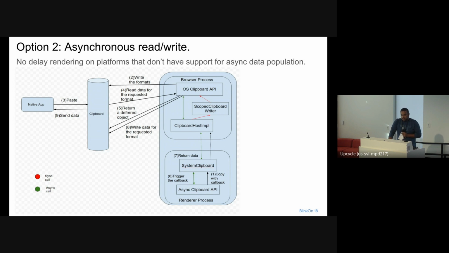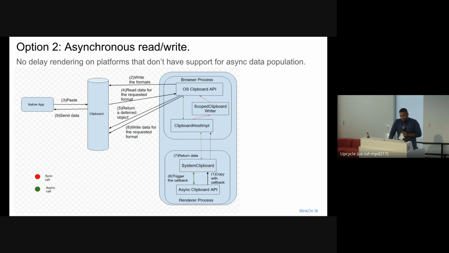But if they're using the legacy Win32 APIs to read and write data from the clipboard, the system clipboard takes care of marshalling the data from the deferral object to the global shared kernel memory, and then the data is returned back to the native app from that memory.